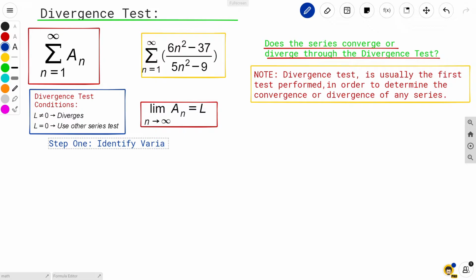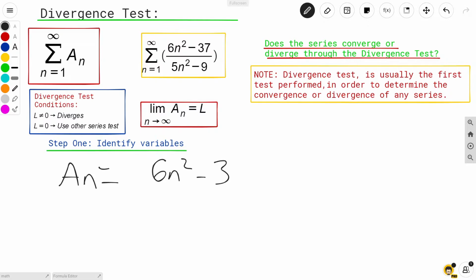The variable that needs to be identified for this particular problem is a sub n, which is simply equal to 6n squared minus 37 divided by 5n squared minus 9.